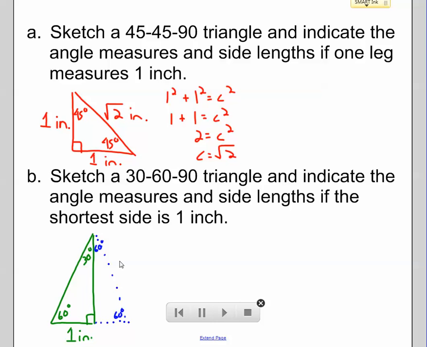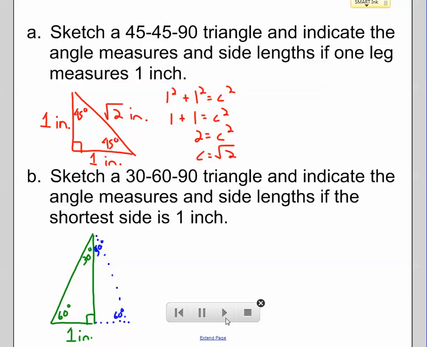Oops, that should say 30. Sorry, let's fix that. All right. 30. Okay, so we got 60 up here, 60 down here, and 60 down here. All right.